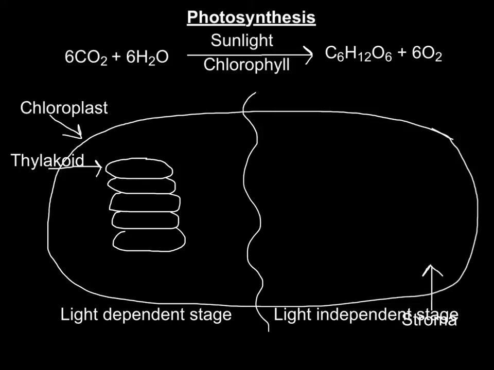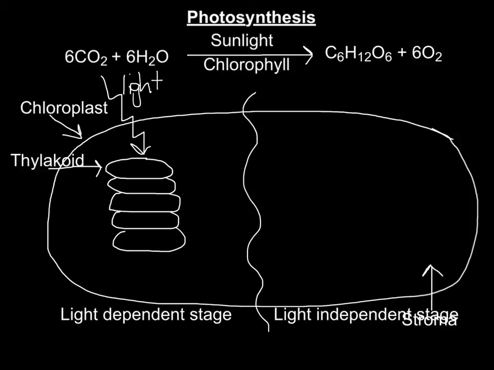So let's look at the light-dependent stage first. The first thing that happens in the light-dependent stage is basically we have light entering the chloroplast and entering the thylakoids. And within our thylakoid membranes is a whole heap of pigment molecules called chlorophyll, which you would probably be familiar with. They're the things that give leaves their green colour. And the chlorophyll traps the light, and by trapping the light, it actually provides energy to synthesise ATP.